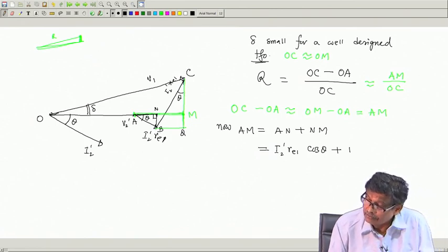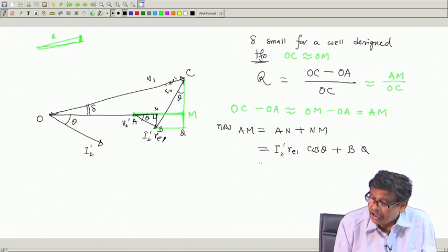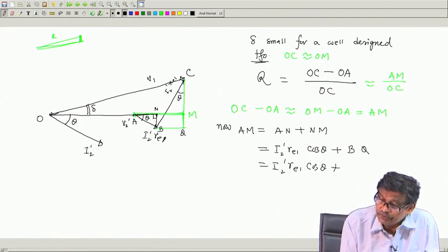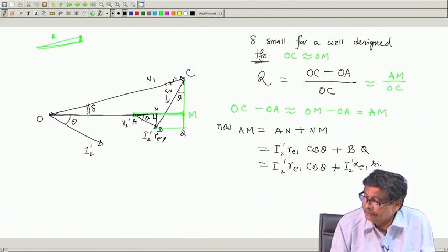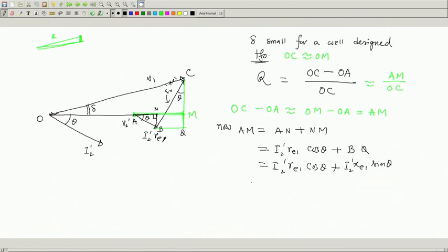Therefore, this will be B Q, and from this right angle triangle it is I2' X_e1 sin theta. So, this will be I2' X_e1 sin theta, divided by O C, and O C is V1.